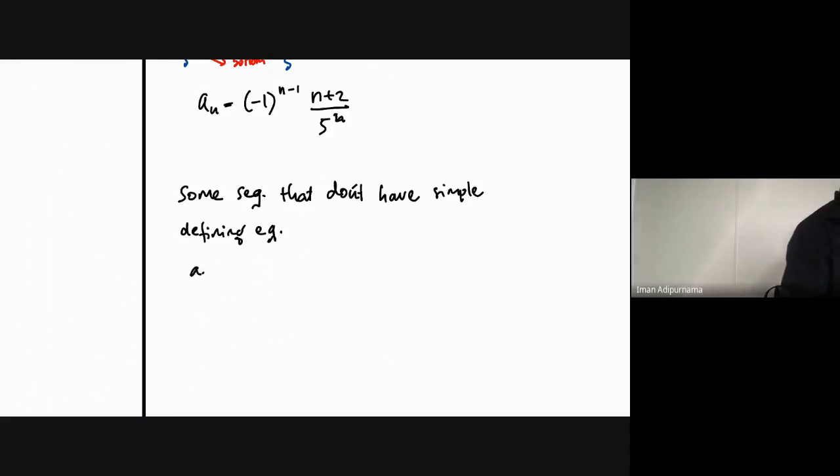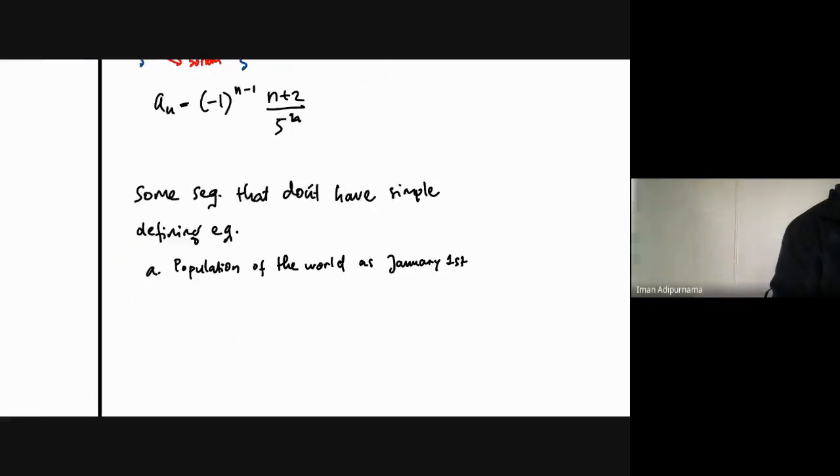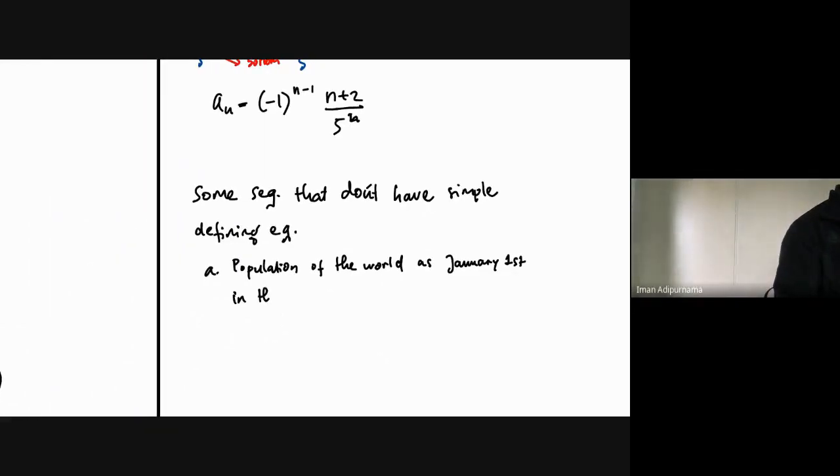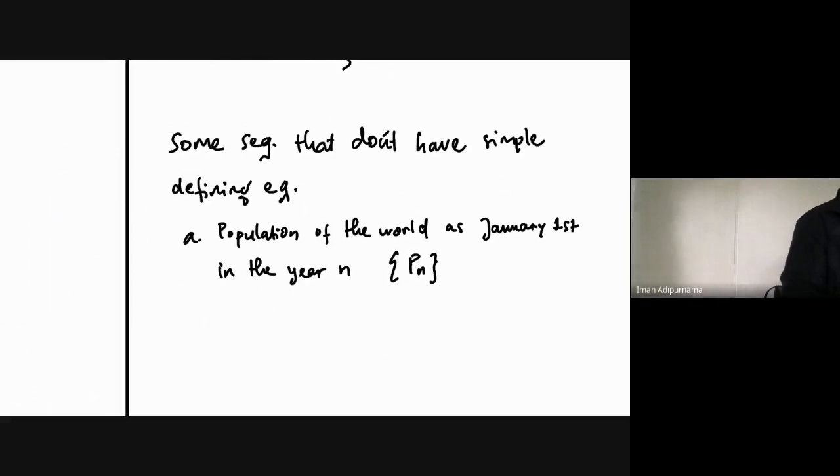For example, the population of the world as of January 1st in the year n. We can write maybe P_n. And we don't have exactly what defines this population, right?